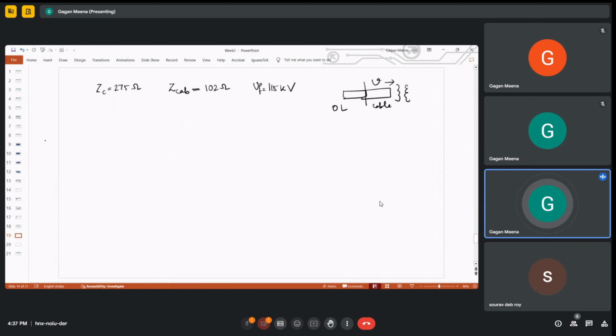If we want to find out this voltage V, we know that tau is equal to 2 Z cable divided by Z cable plus ZC, so 2 into 102 divided by 275 plus 102.